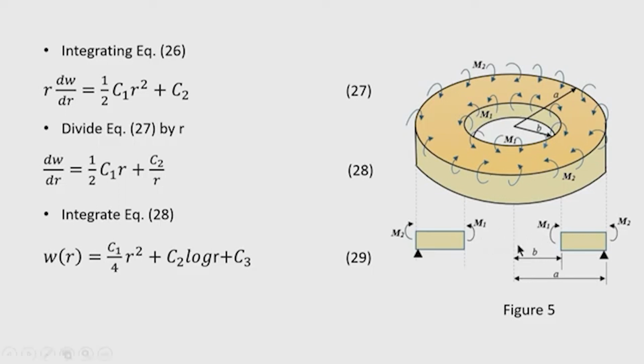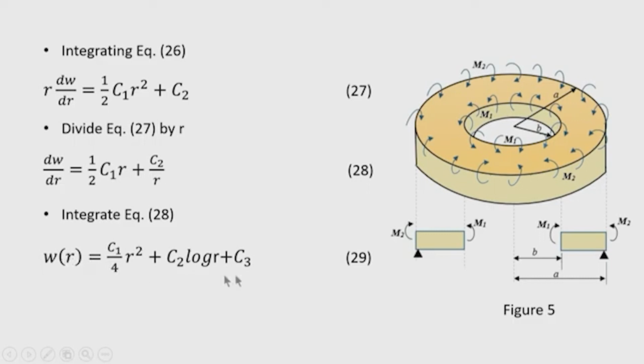Therefore, at r equal to 0 there is no question of any stress resultant or deflection, because no material is there. So, this expression w equal to C1 by 4 r square plus C2 log r plus C3 is valid only for the region r between b and a. So, only in this region it is valid.